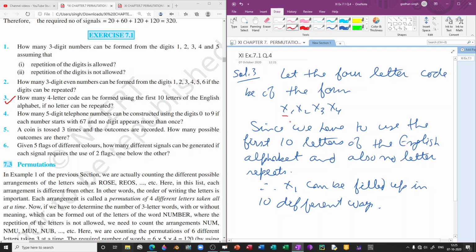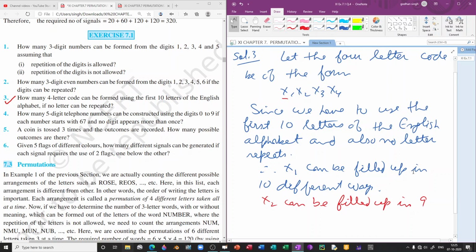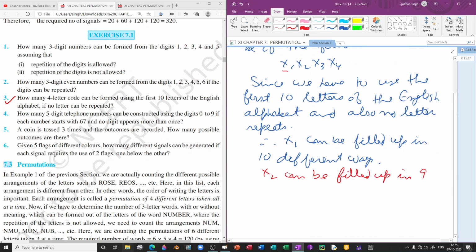Now out of 10 letters, 1 has been used here, so remaining for x2 will be 9. So x2 can be filled up in 9 different ways.